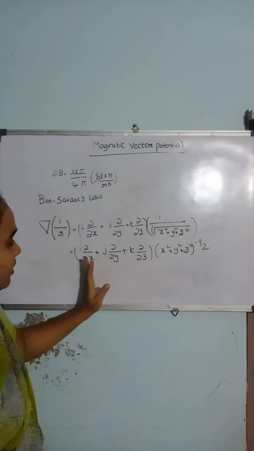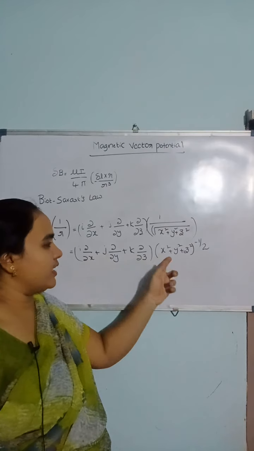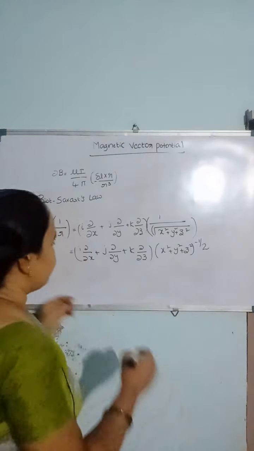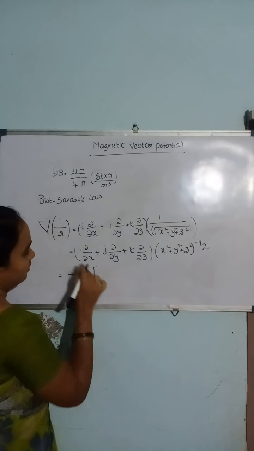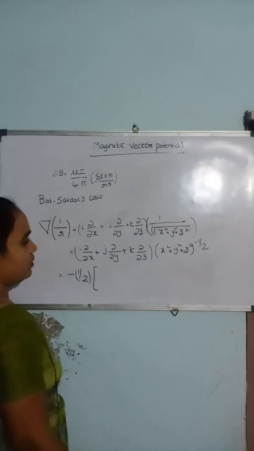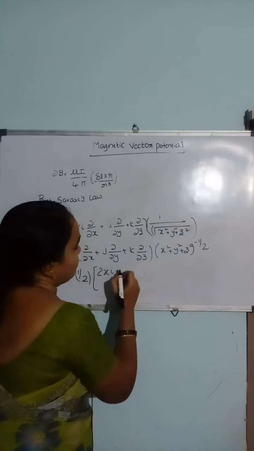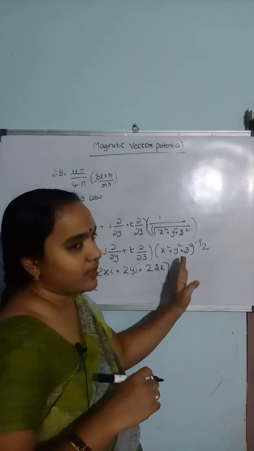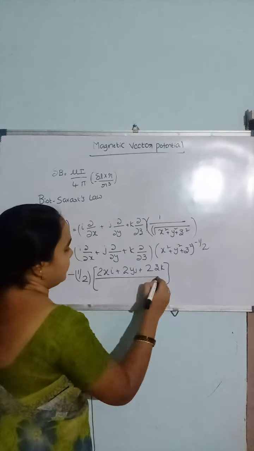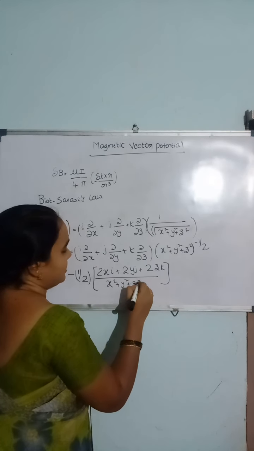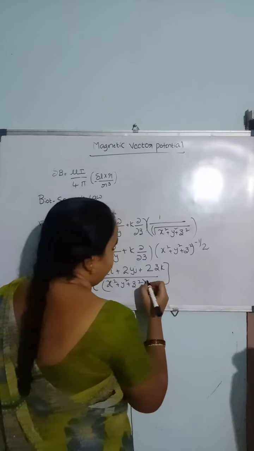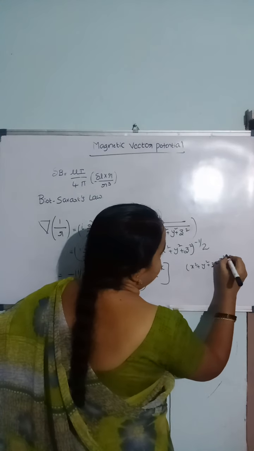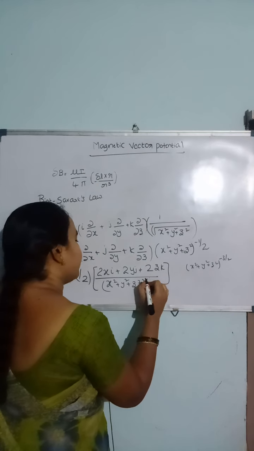Then if you differentiate this term with respect to x, y, z, we get minus 1 by 2 times 2xi plus 2yj plus 2zk, divided by x square plus y square plus z square whole power minus 1 by 2 minus 1, that is x square plus y square plus z square whole power minus 3 by 2.